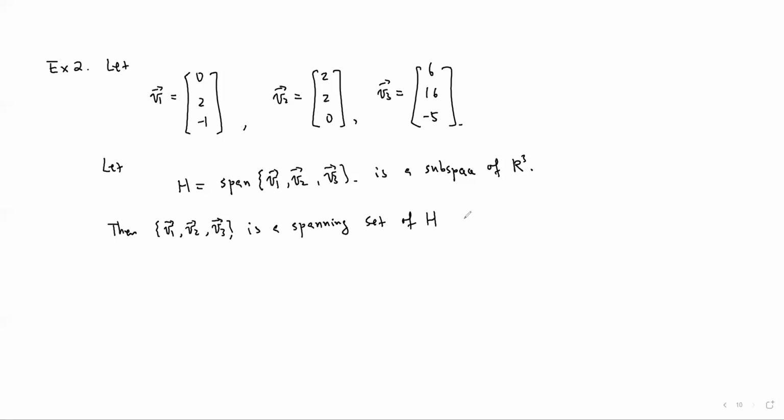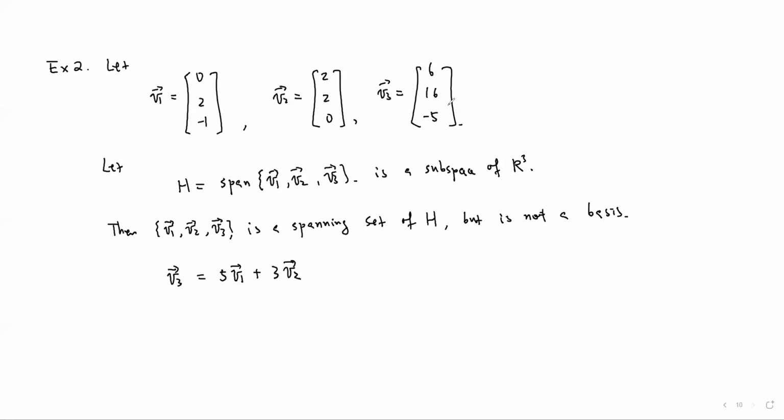However, it's not a basis, because this set is not the smallest spanning set. How to see? It's easy to see that V3, this vector, is equal to 5 times V1 plus 3 times V2.